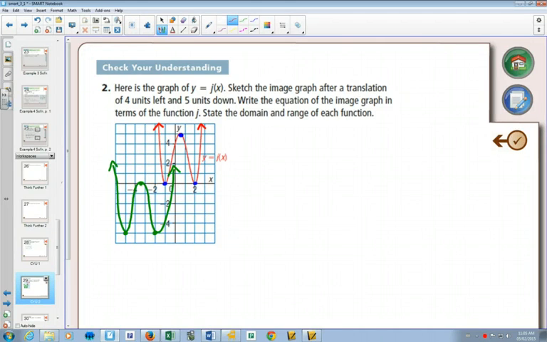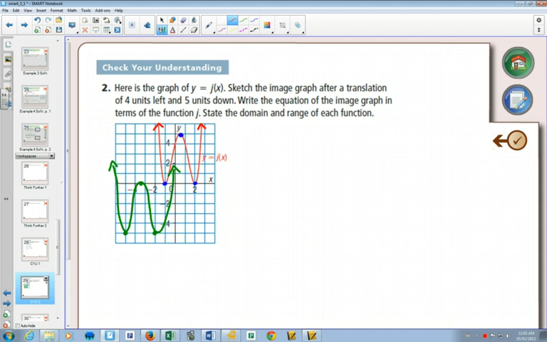On your provincial final exam, if you forget arrowheads once, we have to bubble in an error on the answer sheet that you made an error of forgetting arrowheads, and you lose a half a mark for that. So we're going to be diligent about doing arrowheads just to practice that, because you wouldn't want to lose a little half mark on the final exam. So there we go. We've moved the graph 4 to the left and 5 down.